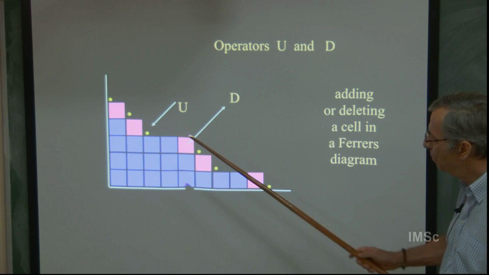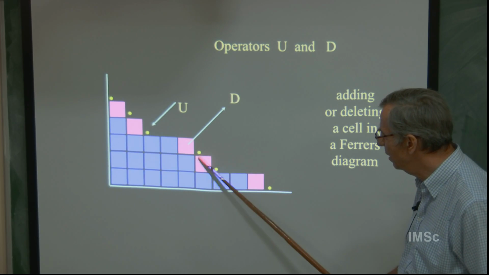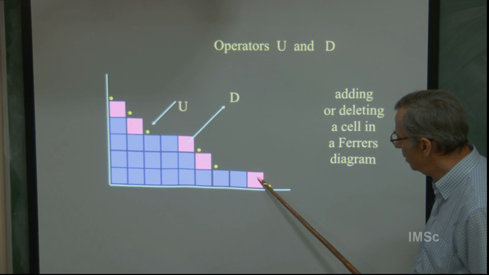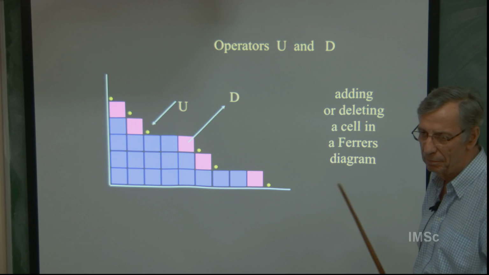The positions where you can add are the yellow points, where you can add a new cell. The positions where you can delete a cell are all these pink corners.